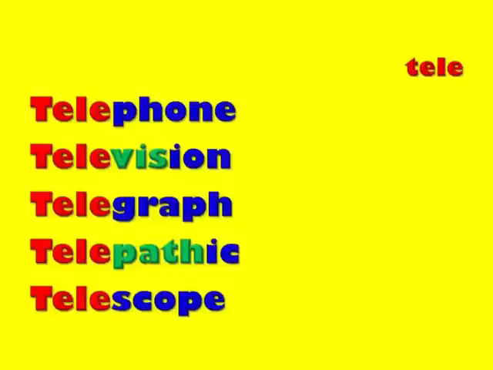Telephone is sound traveling across long distances. Television contains two root words. Vis is one of our old words that means to see. Television transmits sight over long distances. Telegraph also contains two root words, graph meaning to write or draw. A telegraph is a writing or drawing sent over long distances.